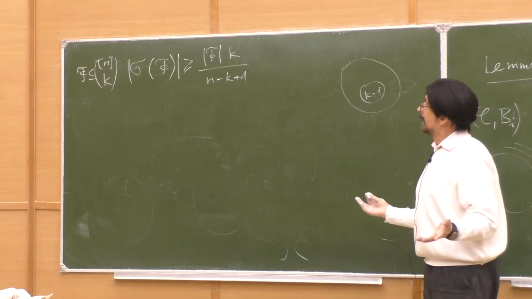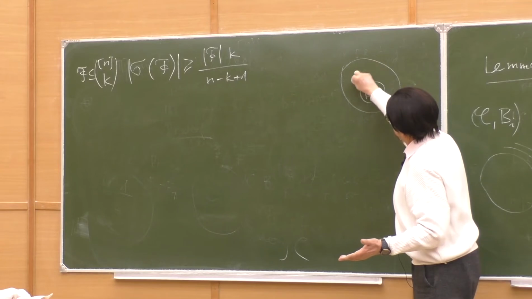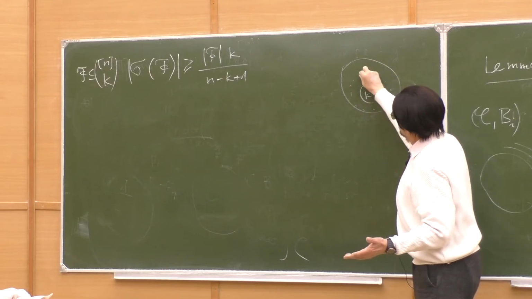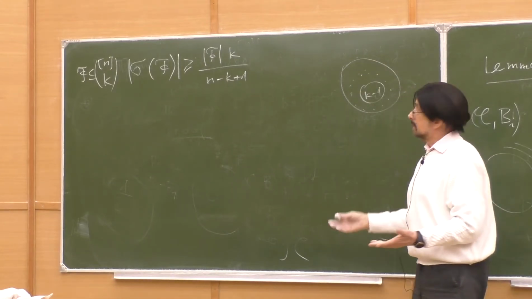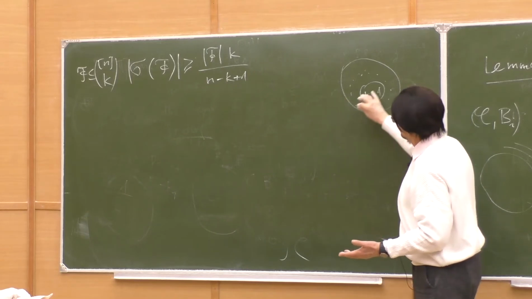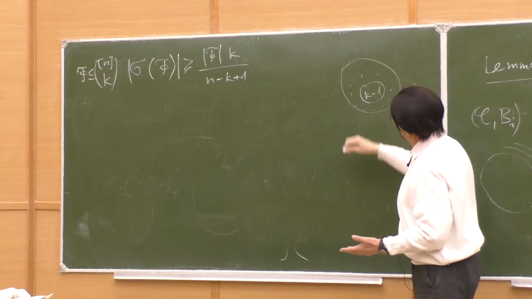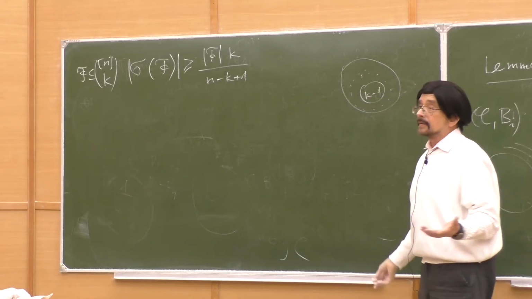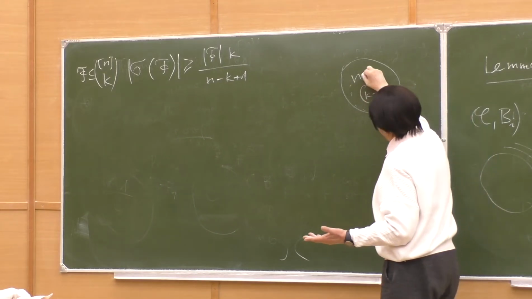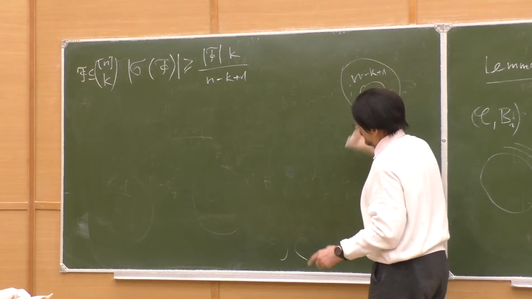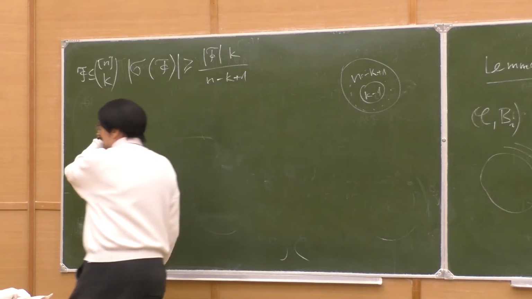At most, how many times? As many times as we have an element outside. Because if the k element set is this one plus a point, then we obtain this one. And this number is m minus k plus 1.